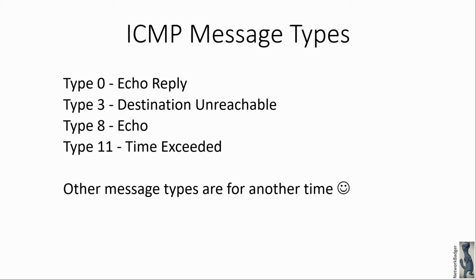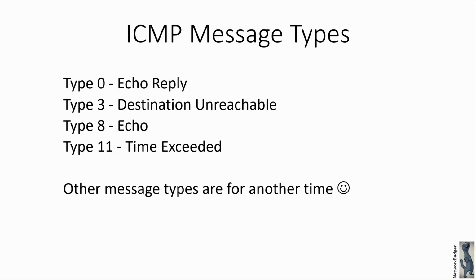For now, we're only interested in 4 message types: echo reply, destination unreachable, echo request, and time exceeded. They have their own unique message type numbers, type 0, 3, 8, and 11. With these 4 message types, we can build successful pings and traceroutes. These are like little building blocks for our pings and traceroutes.